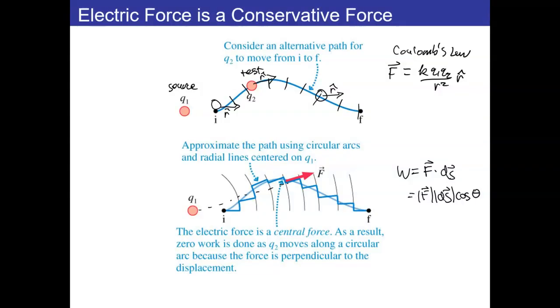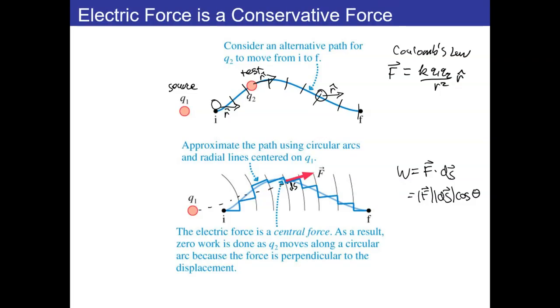In this case, am I going to do work along that displacement path? Well, yes, I am, because you can see here the angle between F and my displacement, which is this little blue line segment, those are in the same direction. Theta is 0. Cosine of 0 is 1. So I definitely will do some work there.